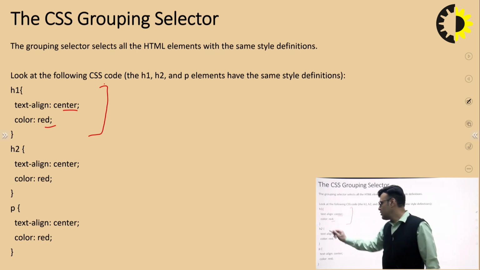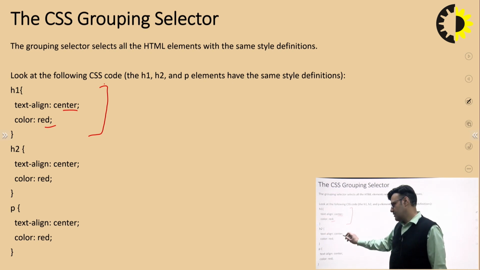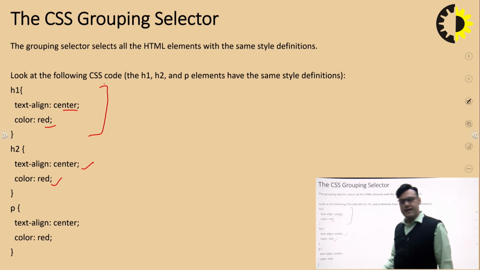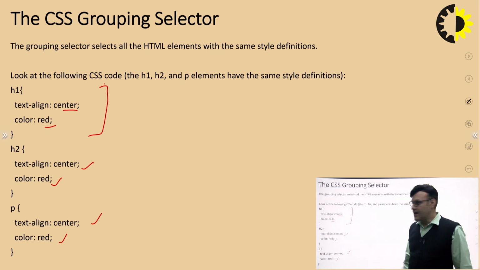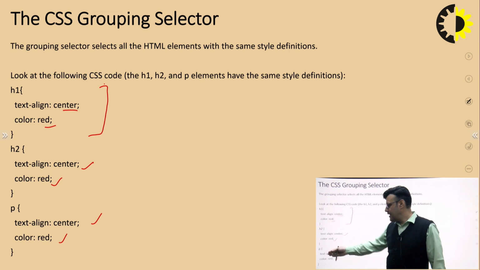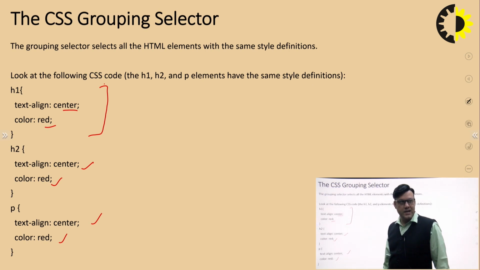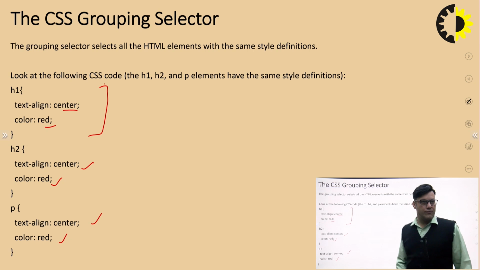Now H2, whatever is written under this heading H2, text align should be center, color should be red. Again in paragraph, whatever is written, text align should be center and color should be red. So I have seen that on these 3 tags, on these 3 elements, I am using the similar properties, right? So this consumes a lot of time, right?